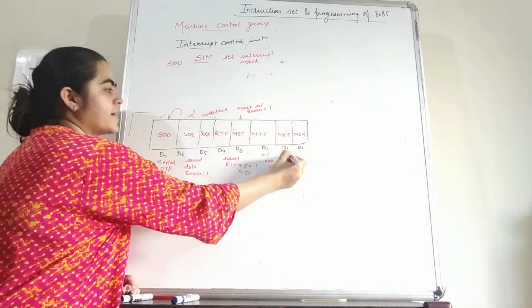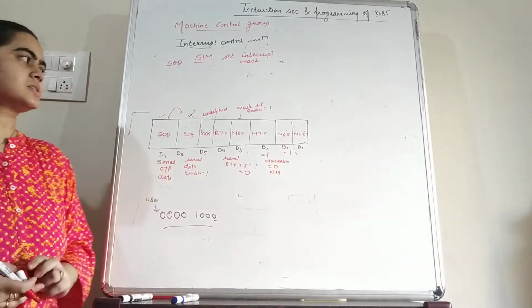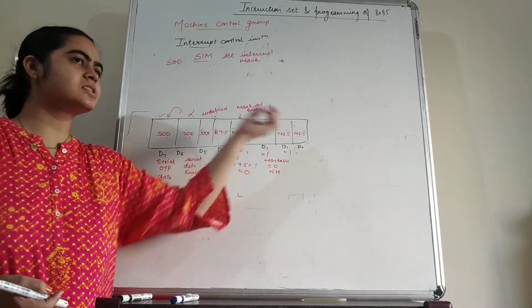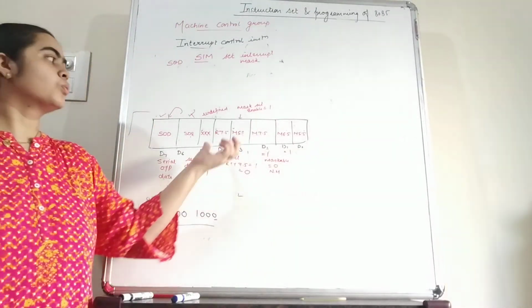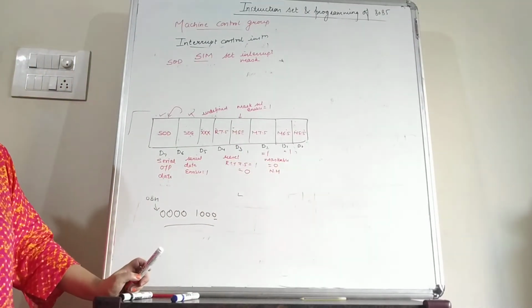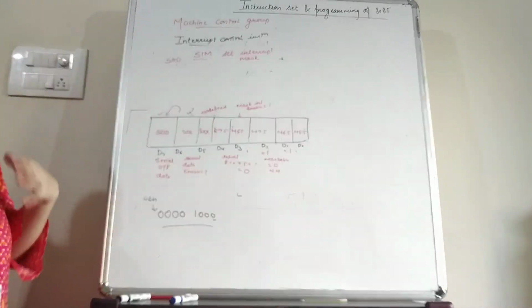Again, if the next bit is 1, that means this interrupt is maskable, and if it is 0, that means this interrupt is non-maskable, and same for the next, because we can only change between maskable and non-maskable with these interrupts.